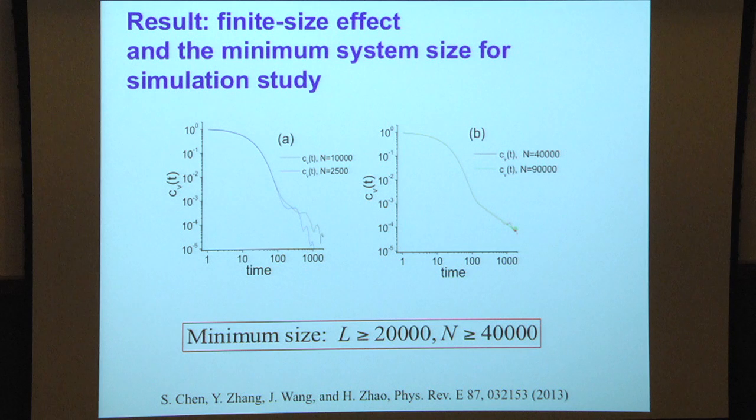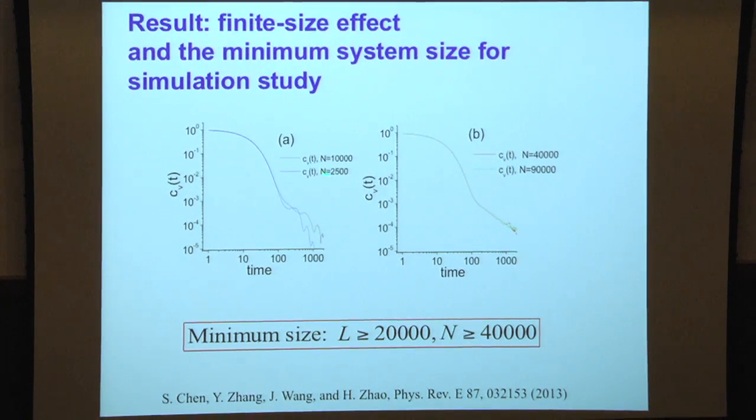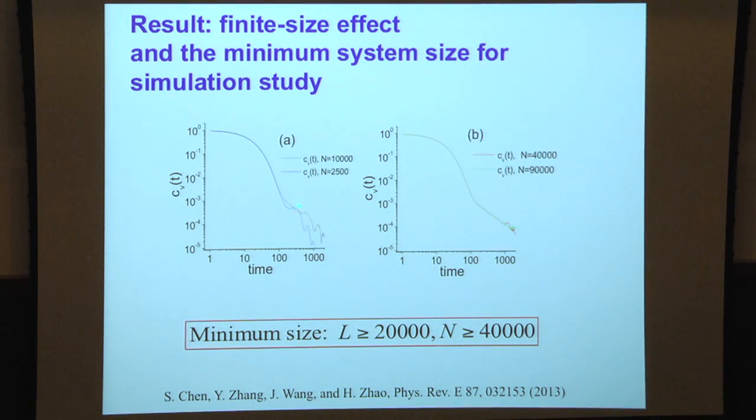Here is a result of using 2,500 particles, 2,500 disks, and in this case, you find a strong finite-size effect manifested by these oscillations. Even using 10,000 disks, you still find a remarkable finite-size effect.